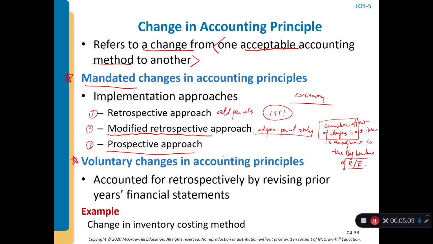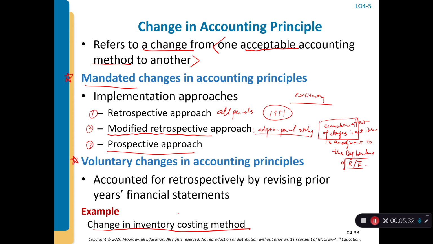Okay. For example, occasionally, without being required, a company will change from one generally accepted principle to another. For example, companies may change the inventory costing method from LIFO to FIFO. In this case, inventory and cost of goods sold are measured in one reporting period using LIFO, but in another period using FIFO.